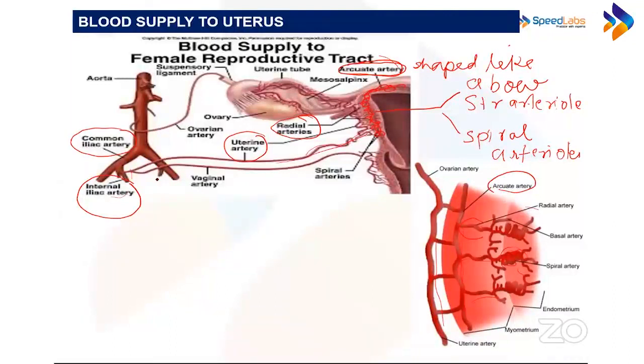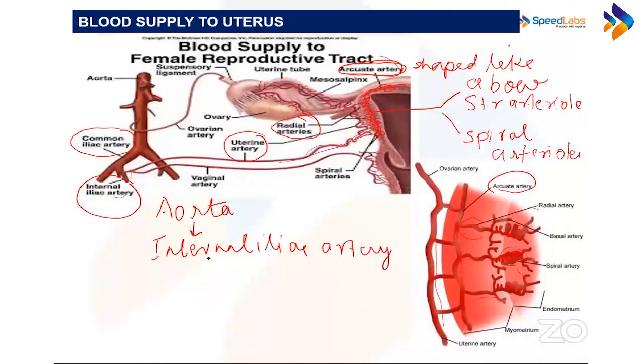So you should know the names of all the arteries. We have the aorta, that brings blood to the uterus. Aorta, then the common iliac artery, then the internal iliac artery. One branch of this enters the uterus, so that is the uterine artery.